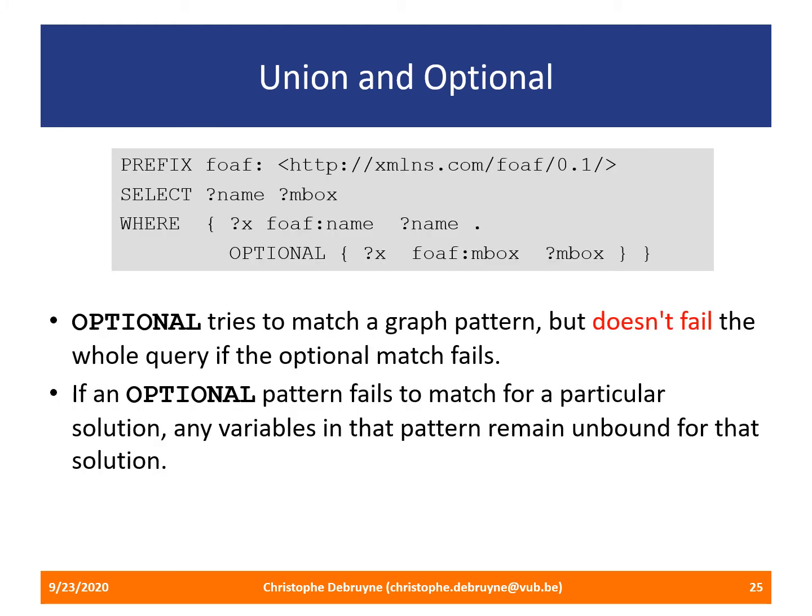So we've seen that using the union operator and different variable names in the operands of the union operator, we could end up in a situation where variables are not bound. And this provides us a nice introduction to the other operator, optional. And if you're familiar with relational databases, you can consider optional as some sort of outer join.